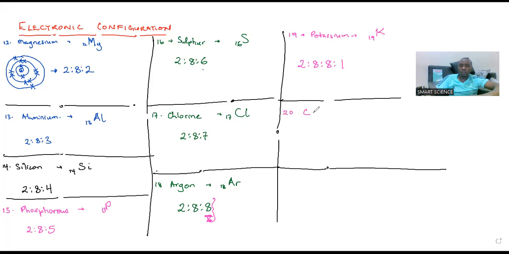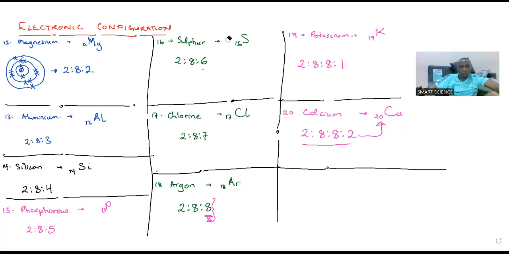And lastly, 20, which is calcium, will be 2, 8, 8, 2. Calcium symbol is capital C, small a, atomic number is 20. You must arrange these electrons in such a way that they total up to the atomic number given. If the electrons are fewer than the atomic number given, it means you're not dealing with a neutral atom. You might be dealing with either a cation or an anion, depending on what we are going to see next.